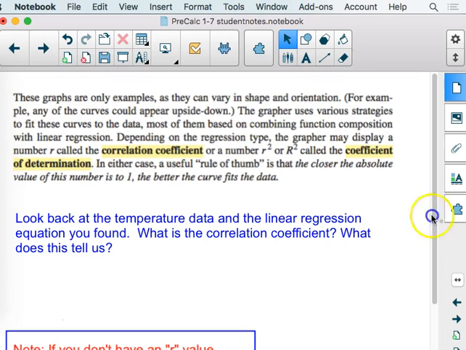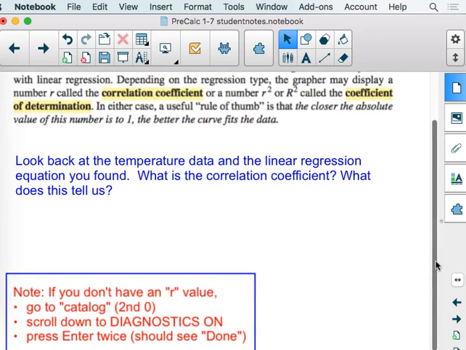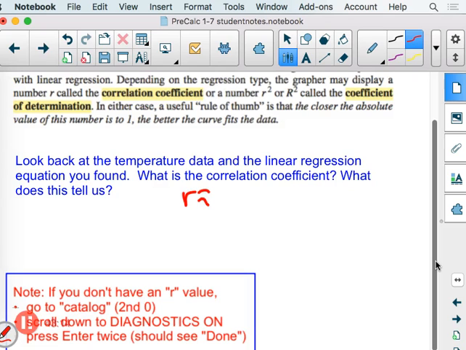So it says, look back at our temperature data and the linear regression equation that we found, and our correlation coefficient was approximately 0.899. Now there's actually 2 things that tells us. It tells us it's a pretty good line of best fit, but it also tells us the slope is positive because this was a positive number.